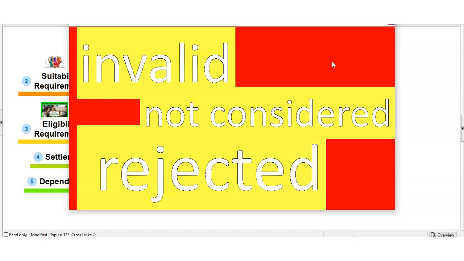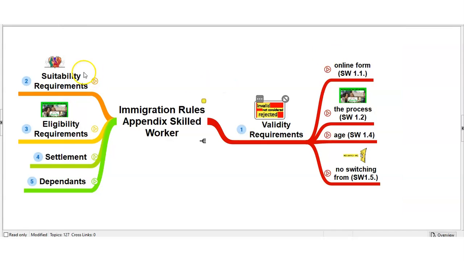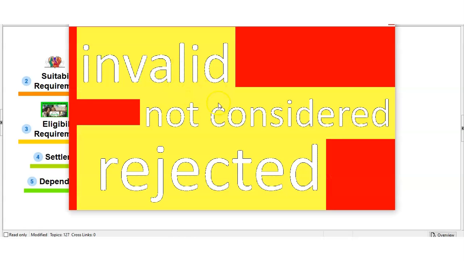Applications can now be refused only if they do not meet one of the suitability requirements or eligibility requirements. However, if the application is not in the appropriate form, which we'll discuss in just a moment, then it will be considered invalid, rejected, or not considered at all.